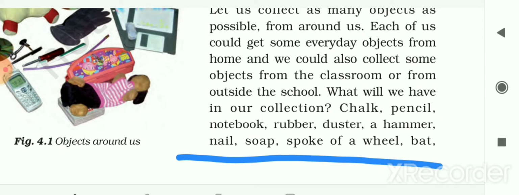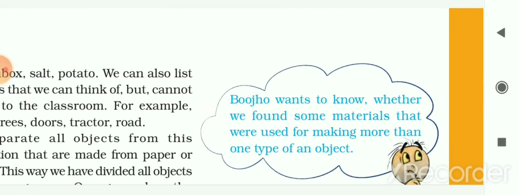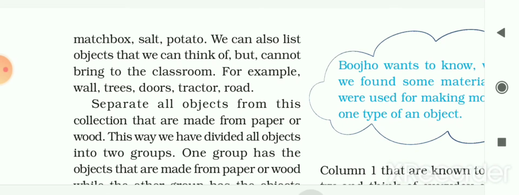What will we have in our collection? Objects like chalk, pencil, notebook, rubber, duster, a hammer, a nail, saw, spoke of a wheel, cycle wheel, bat, matchbox, salt, potato and other different things.